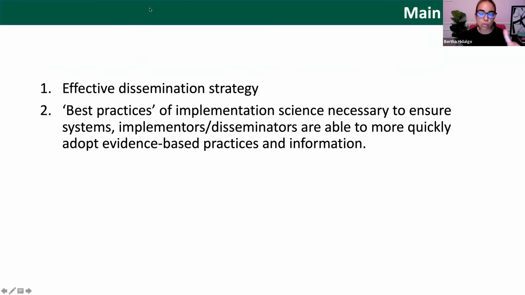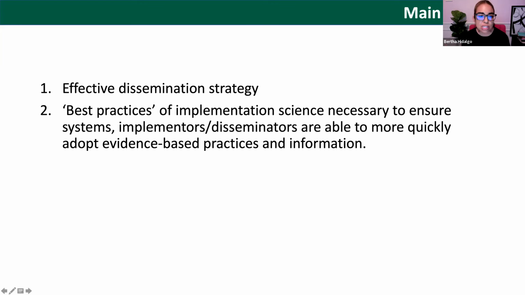One is that too often we start with ineffective dissemination strategies, or we don't have a strategy at all. So we've done the implementation, and now we get to the phase where we think, okay, now how are we going to get this out to other people, or how are we going to get the information out to the populations that really need to receive this information, lay audiences, communities, etc., patient populations.